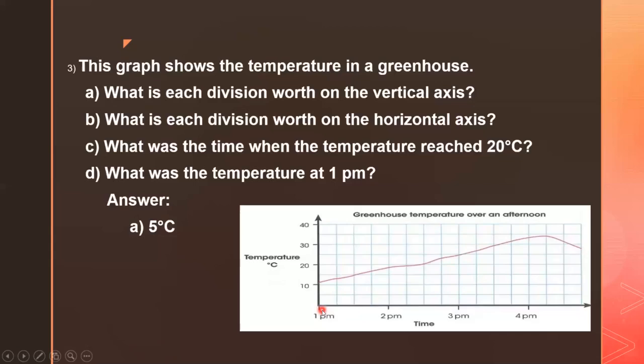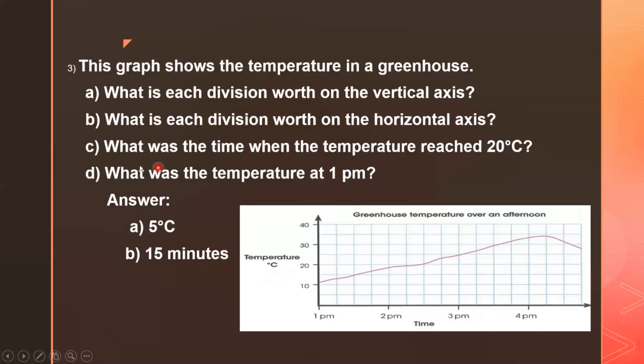So you have to divide each division equally. That's why I divided this. How many divisions over here? 1, 2, 3, 4. So 60 minutes like that. So you got each division as 15 minutes.